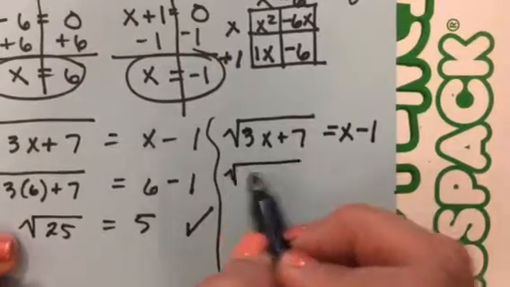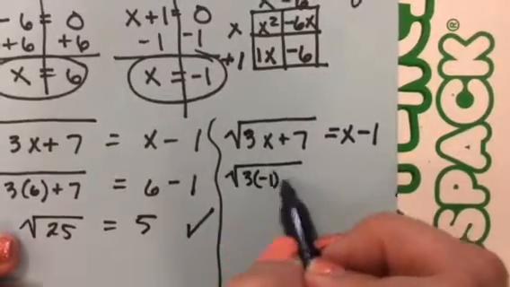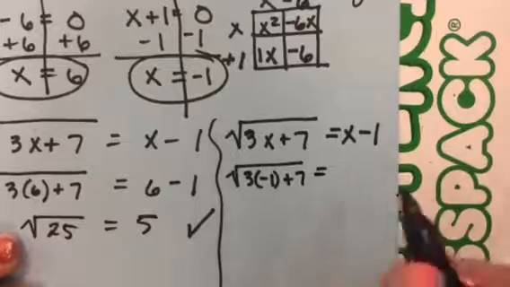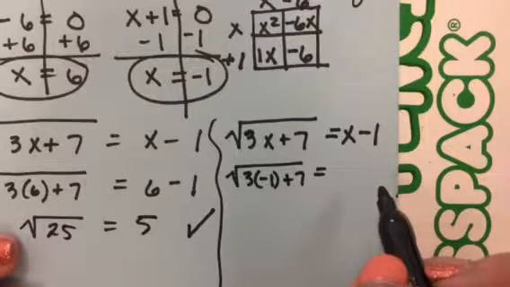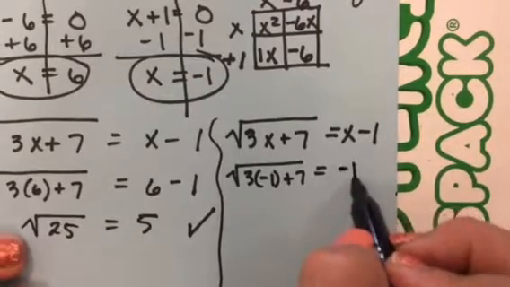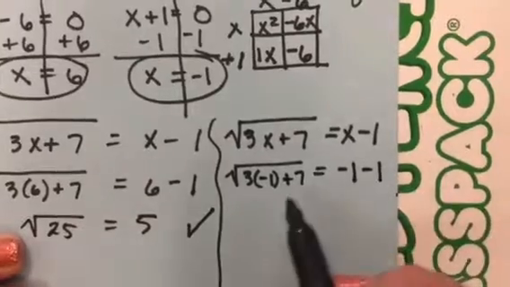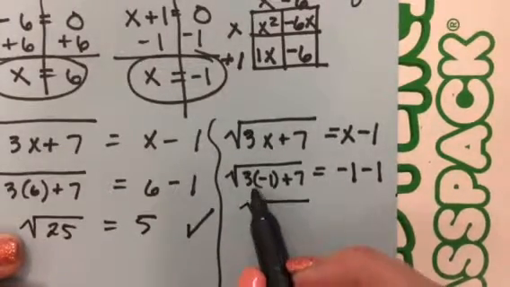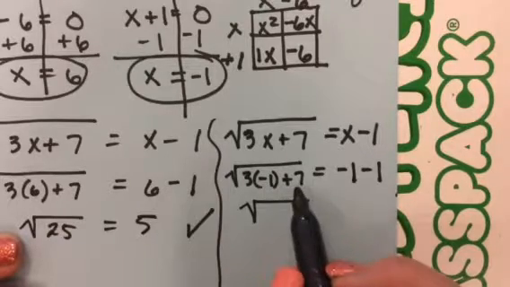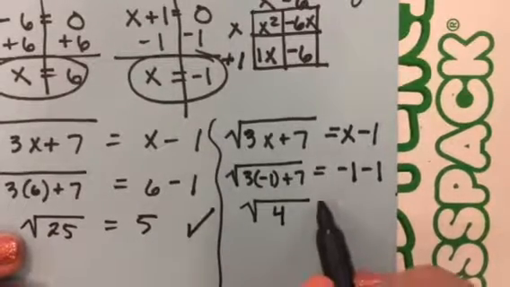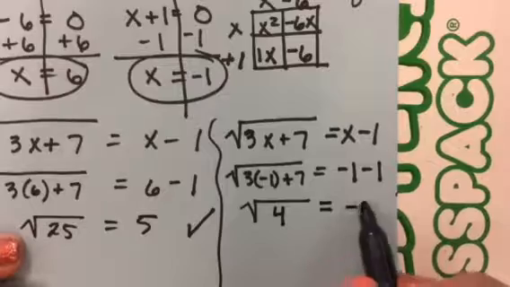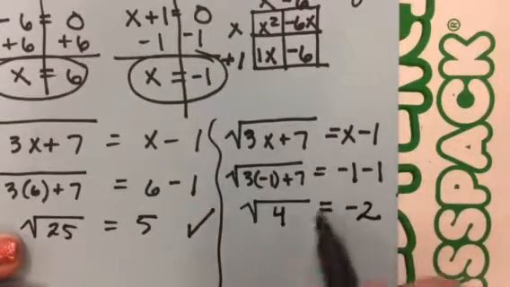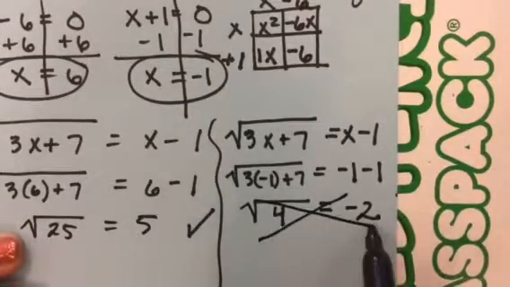So now this would be the square root of 3 times negative 1 plus 7 equals, and what was that, a negative 1? A negative 1 minus 1. Well, let's see. The square root of negative 3 plus 7 would be the square root of 4. Does the square root of 4 equal negative 2? That is not a correct statement.